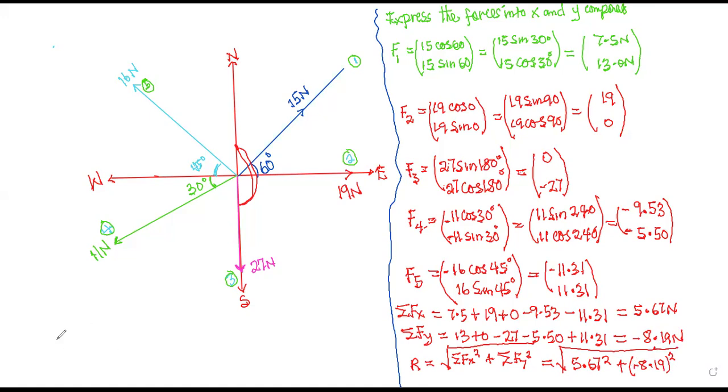What is your value of the resultant? 9.96. So R is equal to 9.96 Newton. So this is the value of the resultant of all the 5 forces. Help me determine the direction of the resultant from the north.